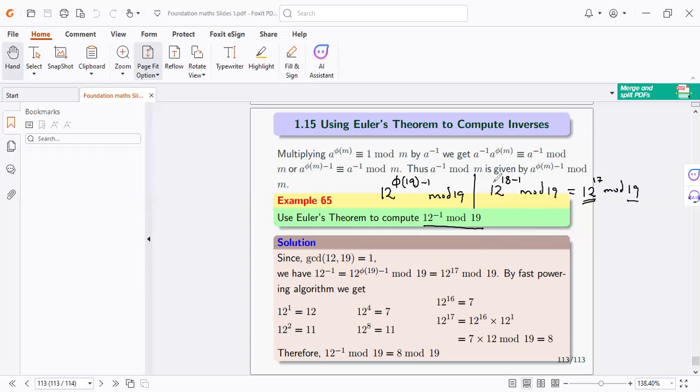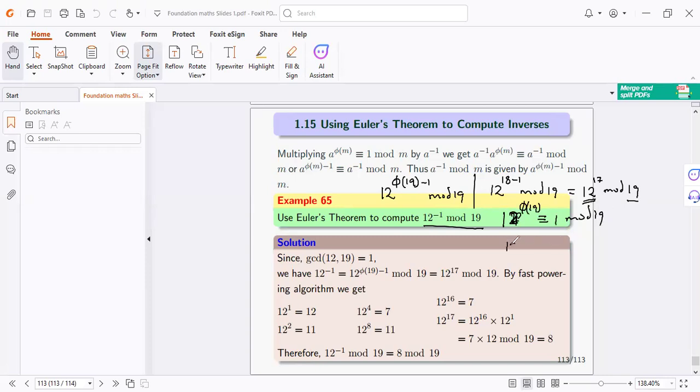Let's use the Euler theorem. Euler theorem says that 12 raised to phi of 19 would be equivalent to 1 mod 19.